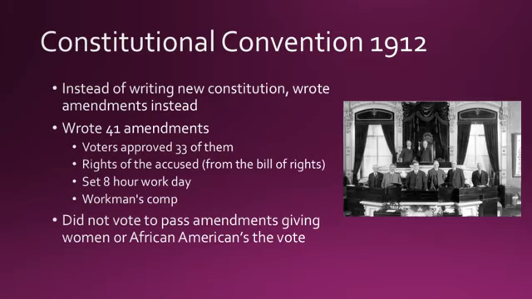Yeah, so black men already had the right to vote for about 50 years, but unfortunately a lot of states weren't really protecting that right, and that did not get passed. Women did not get the right to vote until 1920, so they had to wait another 18 years, sorry, at this point, to get their right to vote as well.